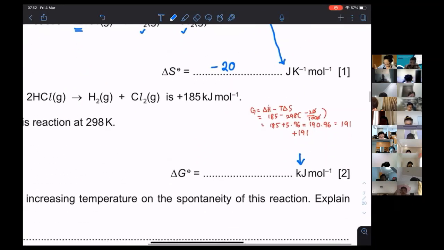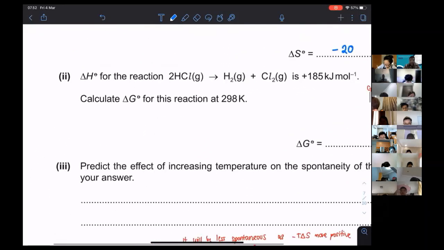So when you calculate the Gibbs free energy, if you remember the formula, P is not so hot, it's not so hot C, something like that, like I told you.